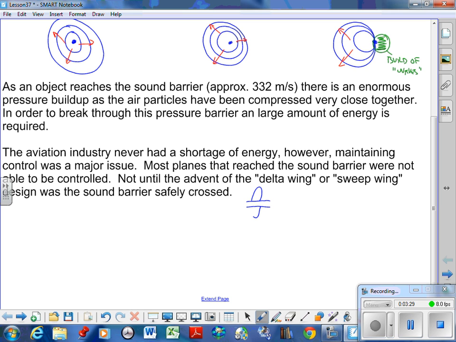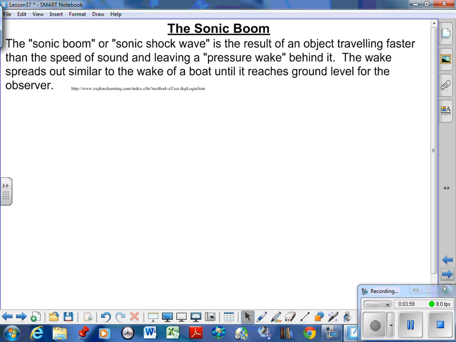So wings that look like this on a plane moved to that sweep triangular delta design, or the wings that kind of look like this on the planes. So they get that sleek, swept back look. That allows for a more aerodynamic design. It decreases the amount of pressure buildup in front of them, and it also allows them to maintain control at high speeds. So they moved on to the new design.